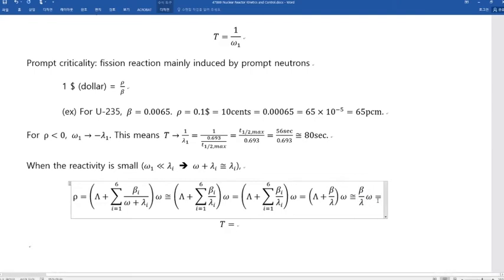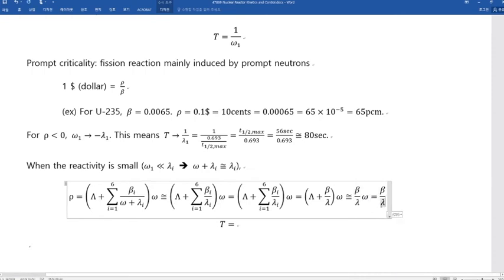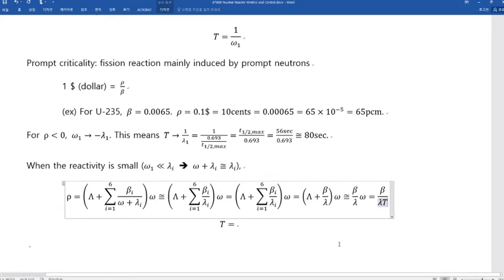So this one becomes 1 over T. So now T should be the same as beta over lambda and rho and lambda.